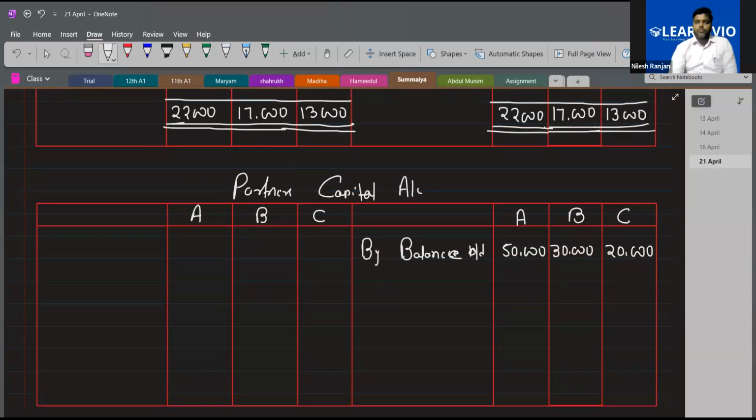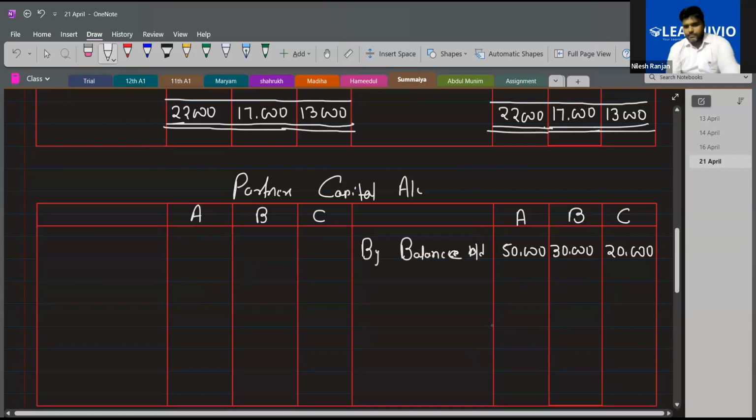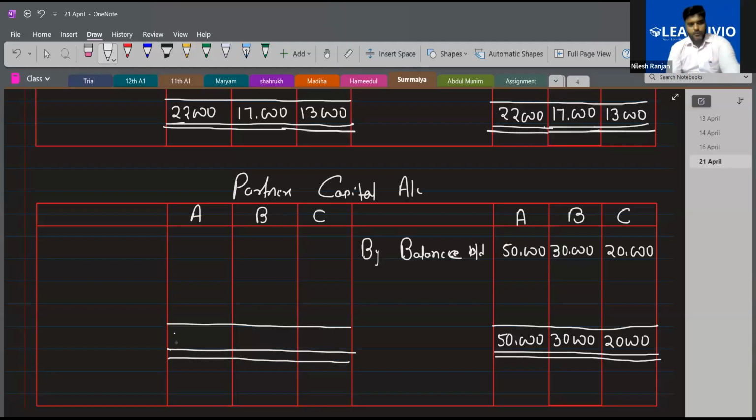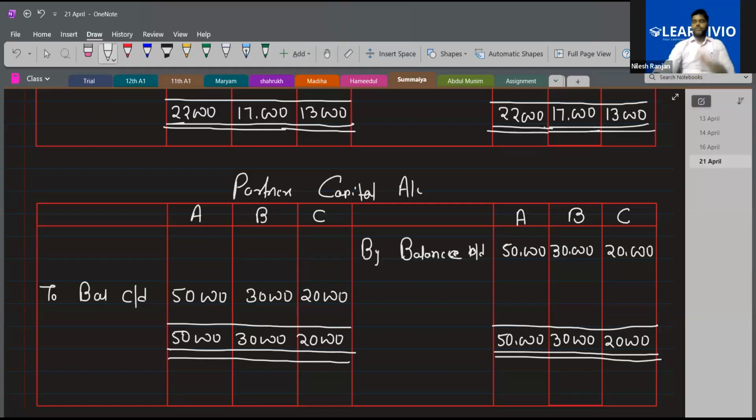And the balance of partners' capital account will remain same. 50,000, 30,000, 20,000. 50,000, 30,000, 20,000 to balance c/d. 50,000, 30,000 and 20,000. So this is our solution of partners' capital account.